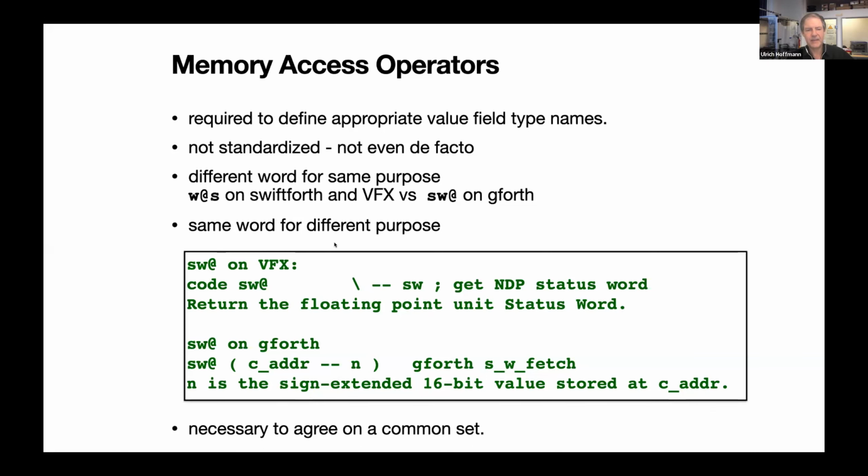So there is some agreement necessary to do portable programming of fetching values of different memory sizes in a portable way. Of course, you always can say, I'm just using a single Forth system and I'm done. I just stick with what it provides. But then you will have a tough time if you want to port it to some other environment. So it's necessary to agree on that.